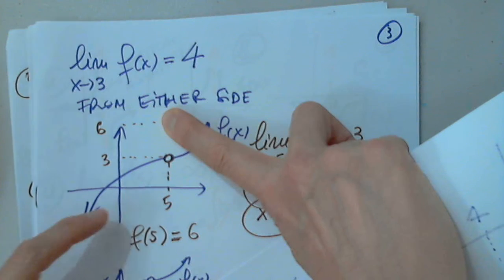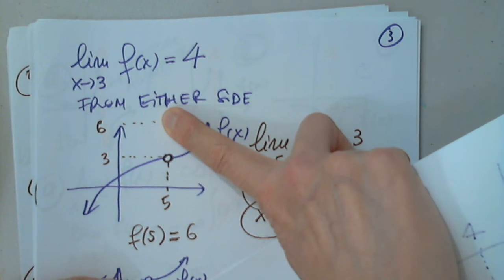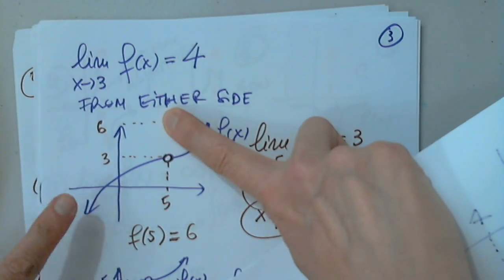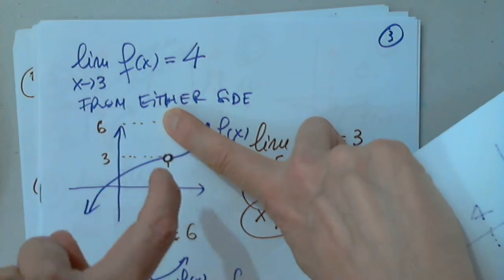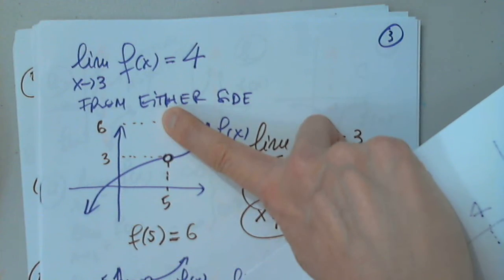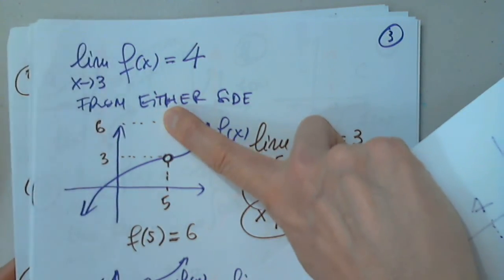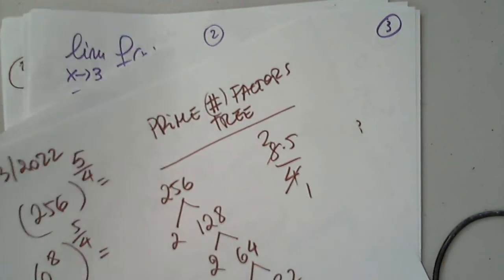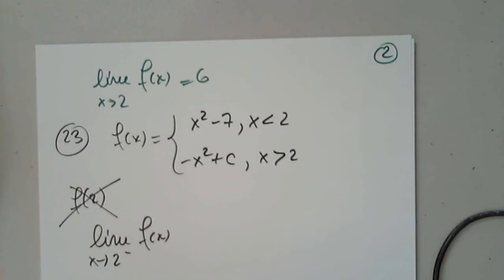Nobody allows me to plug in 5. But when I determine the limit, I'm determining the tendency, not the function value at that point. So the limit concept has nothing to do with the function value, which, by the way, in this function, does not exist.